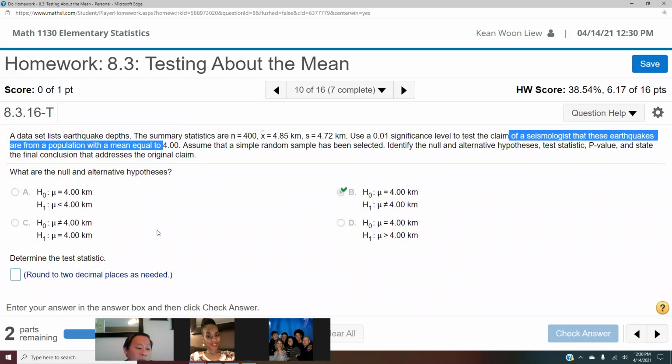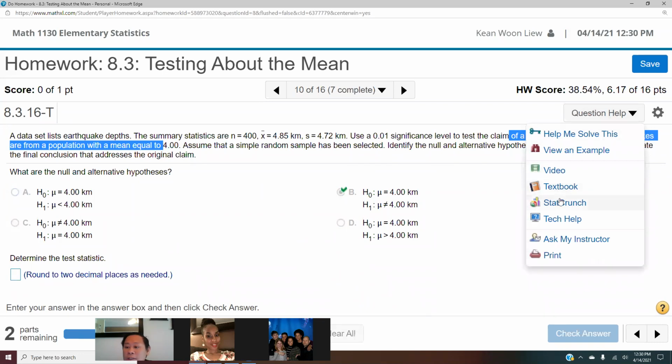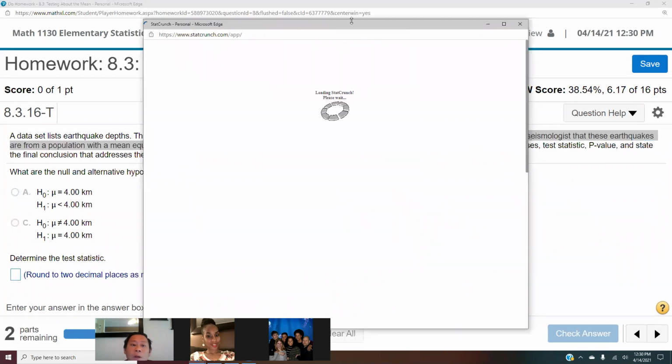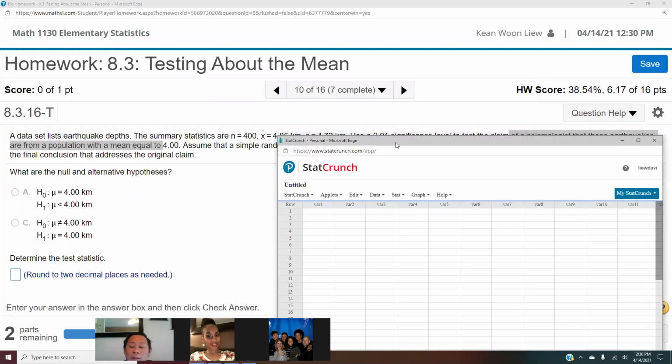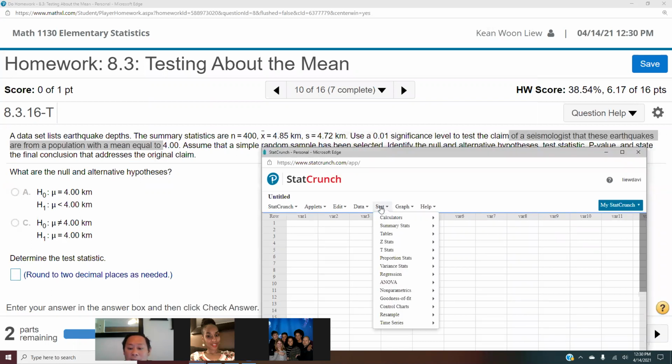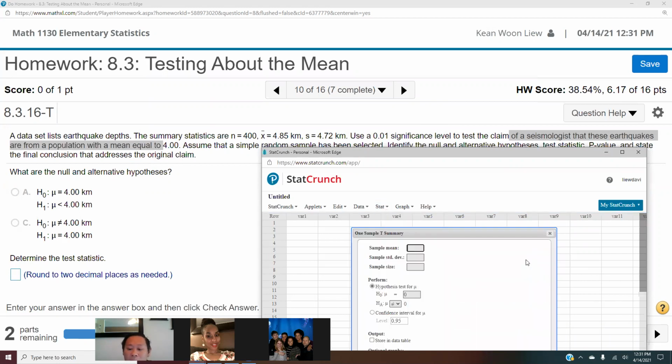To find the test statistic, you have to go to StatCrunch and enter all these numbers in. Go under Stats, T Stats, One Sample, with Summary. This is the one you'll be doing because no data is given to us.